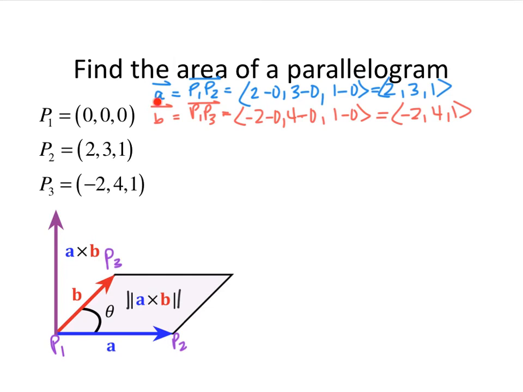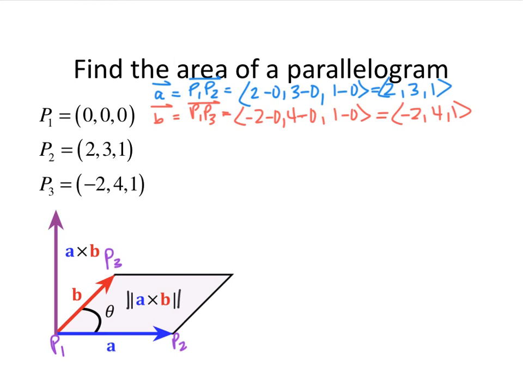I'm making vector B be the vector from point P1 to P3. So that ends up being the vector negative 2, 4, 1, or negative 2i hat plus 4j hat plus k hat. So now the area of the parallelogram is the magnitude of vector A times B, or A cross B.